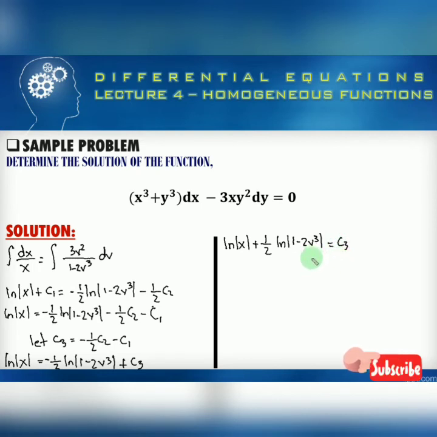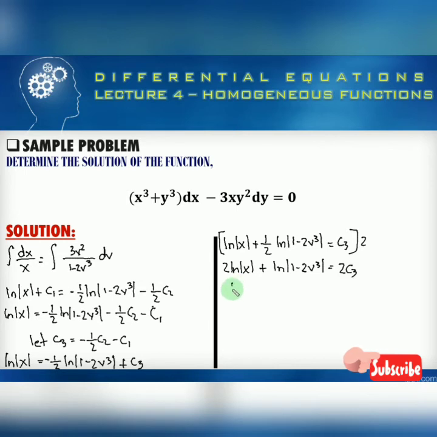Okay, so we are going to multiply this by 2 to eliminate the fraction. So this would be equal now to 2 ln of x plus 2 times 1 half is 1, so ln of 1 minus 2b cubed is equal now to 2 times c3.